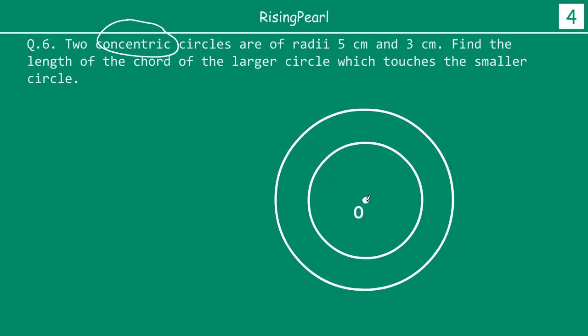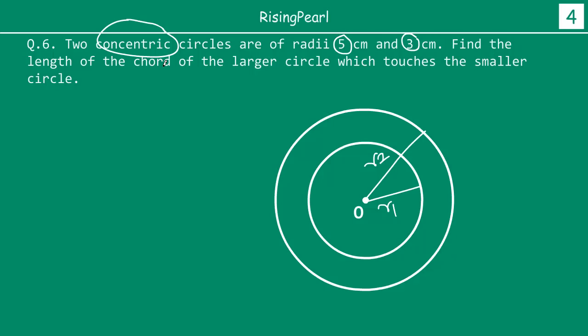Let us say this radius is R1 for the smaller circle, and this radius is R2 for the bigger circle. Circles with the same center are called concentric circles. So the smaller circle has a radius of 3 cm and the bigger circle has a radius of 5 cm. This is given to us.